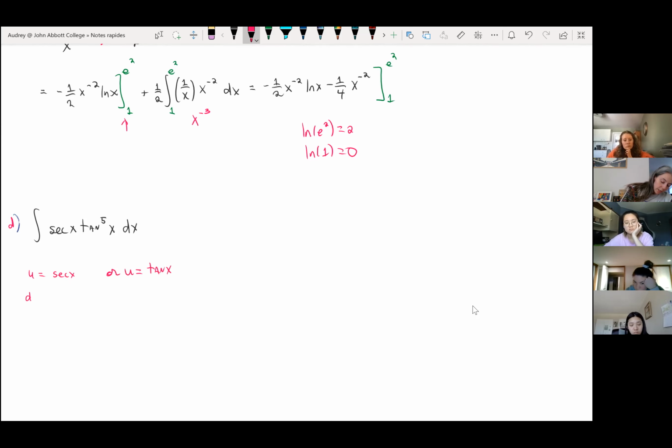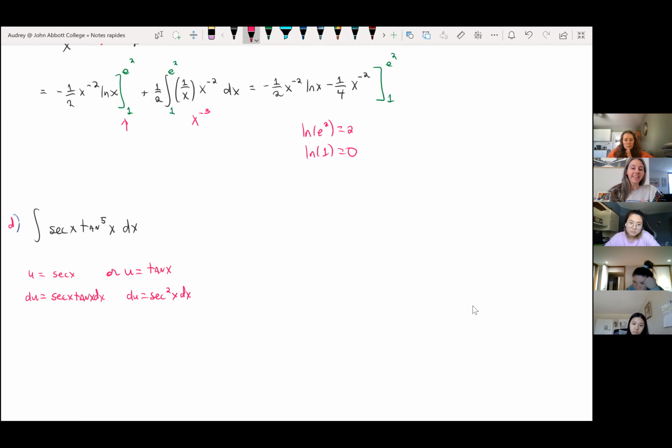So if u is equal to secant x, then du is secant x tangent x. And if u is equal to tangent x, then du is secant squared x dx. So the question is, can I make one of these things happen using the Pythagorean identity?